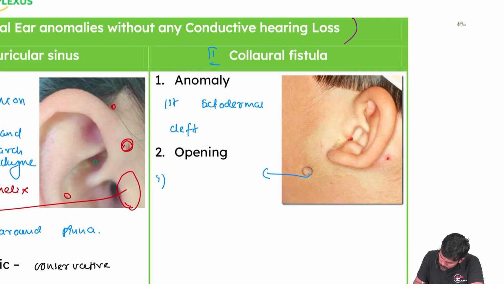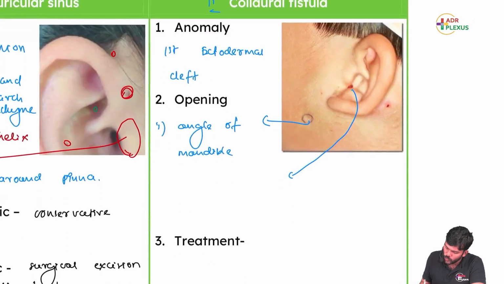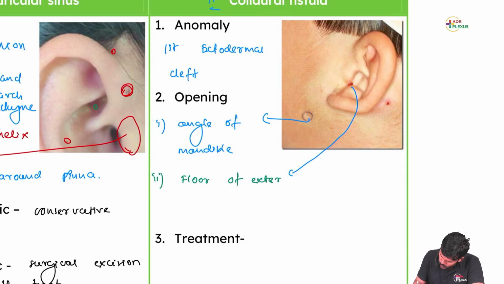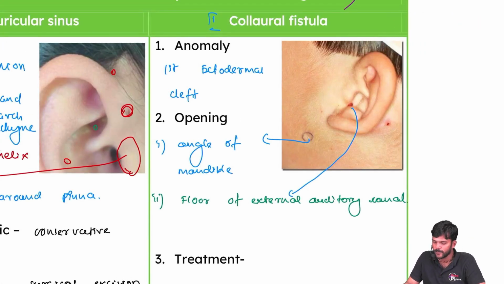See here, angle of mandible, one opening is there. The next opening is at the level of the floor of the external auditory canal.